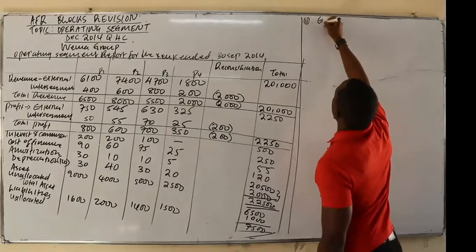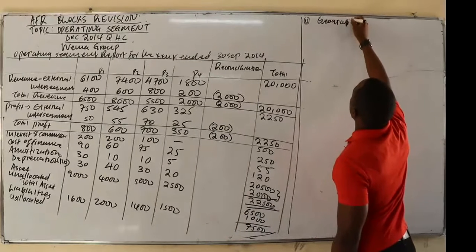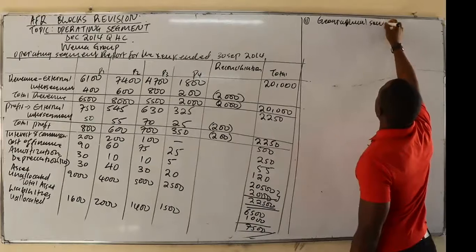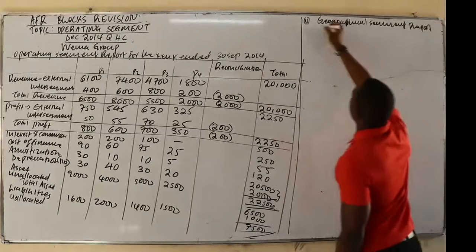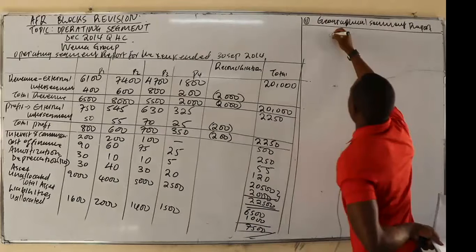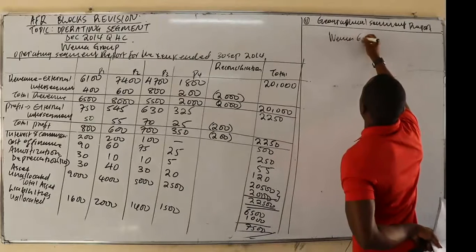So number 2, geographical segment report. Wema group.